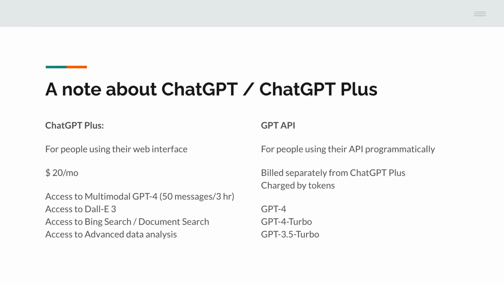So basically, the difference is that if you want to use their web interface, then you can pay a subscription of $20 per month. But then you have all these benefits, such as a more advanced GPT-4 model that is multimodal.